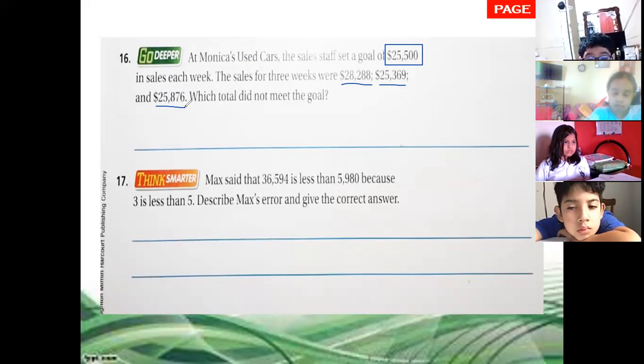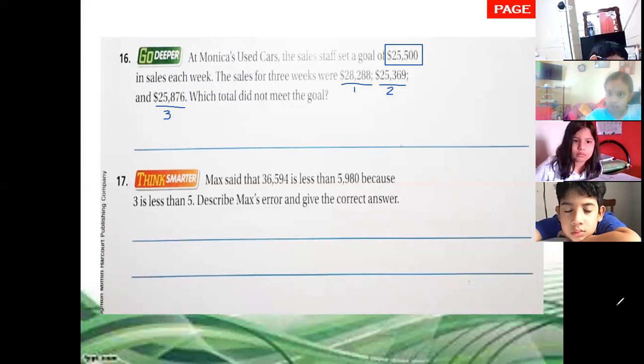Which amount didn't meet the goal? Which amount, class? Amount number 1, amount number 2, or amount number 3? Isabella, what are you looking at?